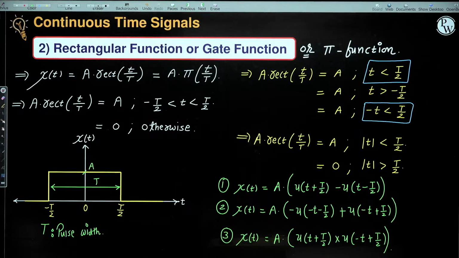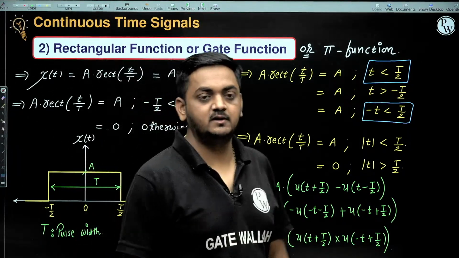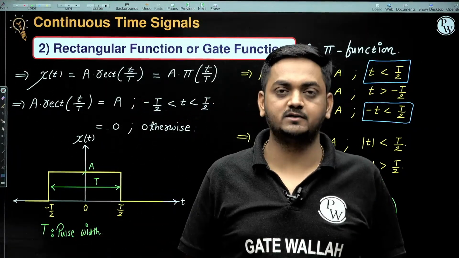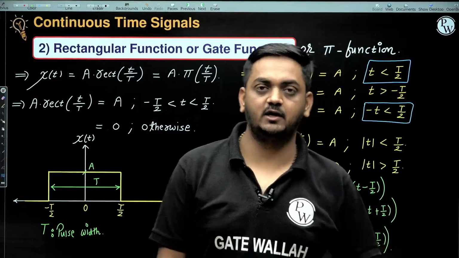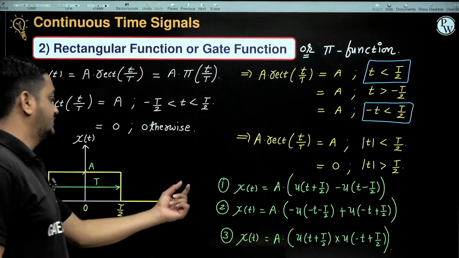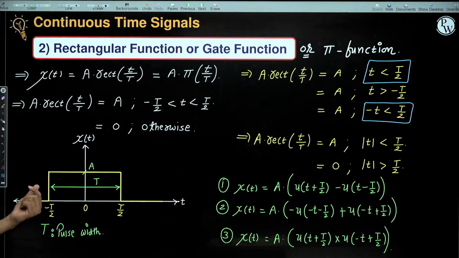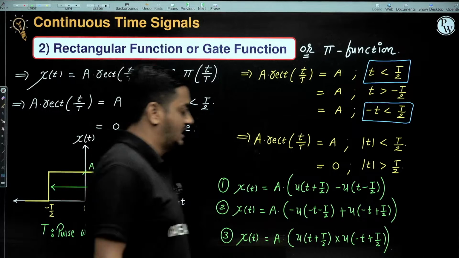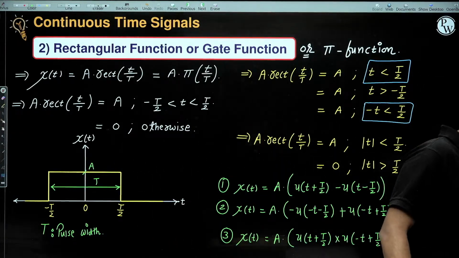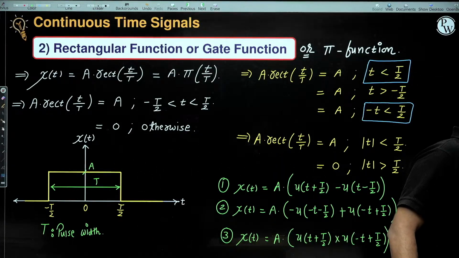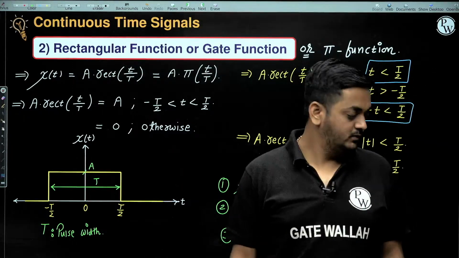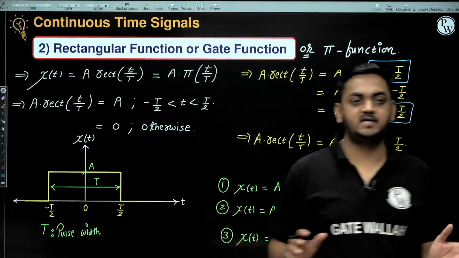This is all about the rectangular function, and you can represent it with step functions also. The standard format is between minus T by 2 and plus T by 2. Is this clear? I hope this is clear to each and every student.